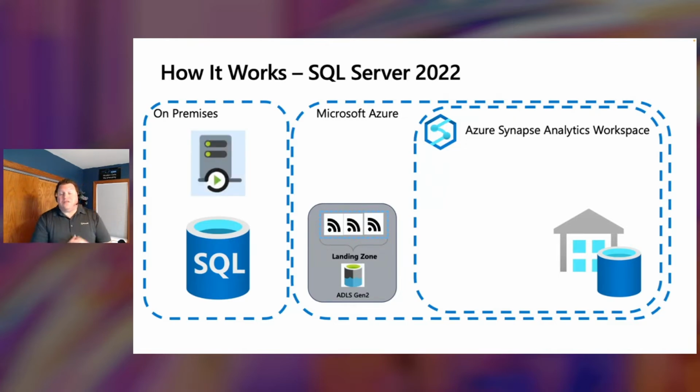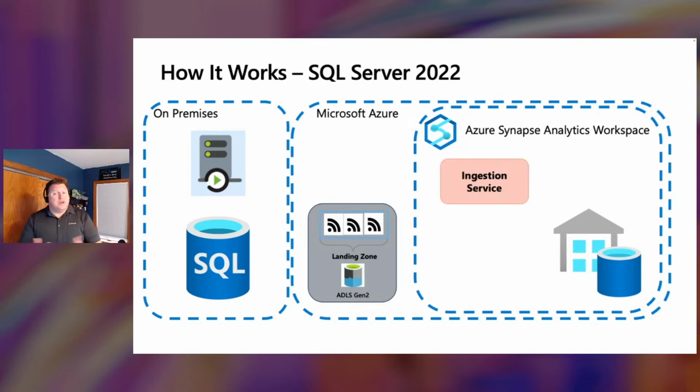The other thing you need to do is install a self-hosted integration runtime on premises. For anyone that has done ETL work with Azure Data Factory or Azure Synapse Analytics pipelines, if you've brought data from on-premises or from a VM, you've probably dealt with a self-hosted integration runtime. So you will need to install one of those on-premises as well.